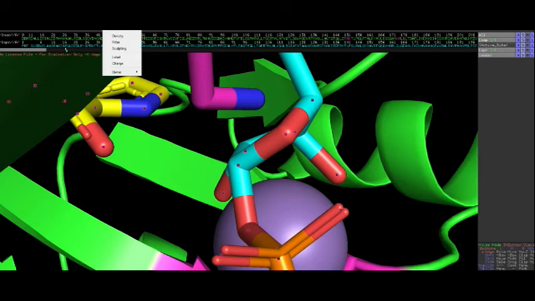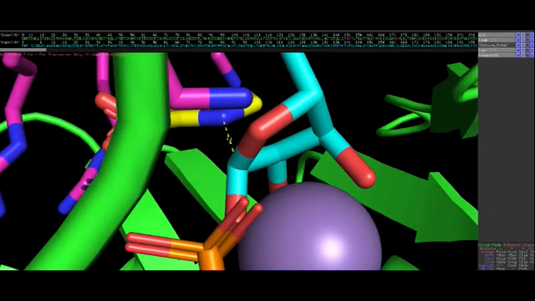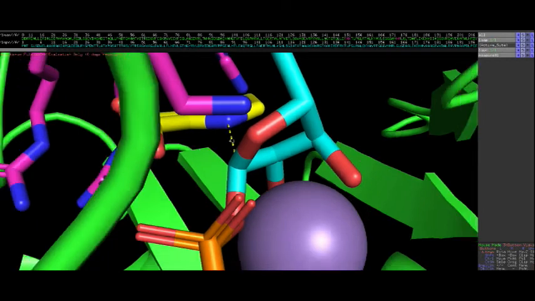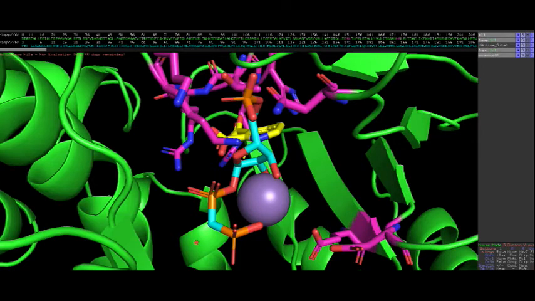I'll even put a measurement there. So there to there, about 4.1 angstroms. And so we can see how that substrate is brought close to the phosphoribosyl pyrophosphate.